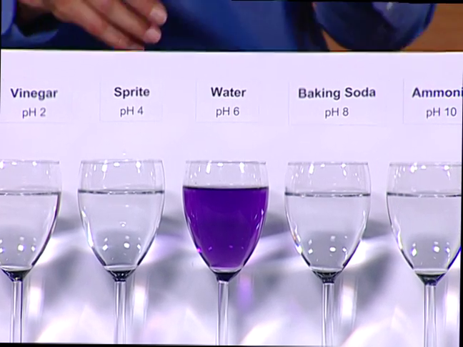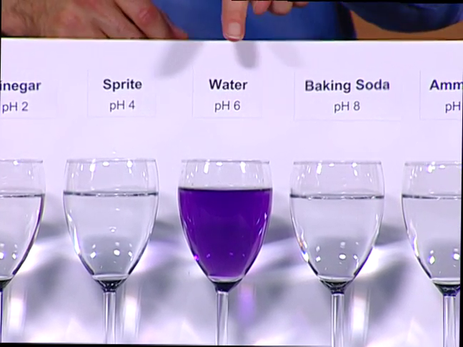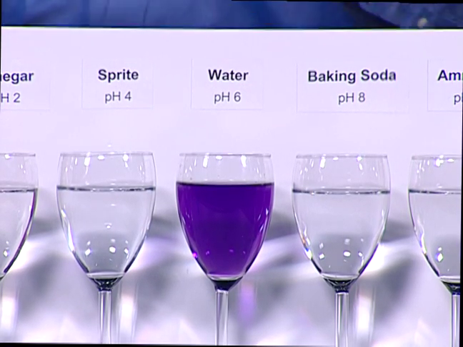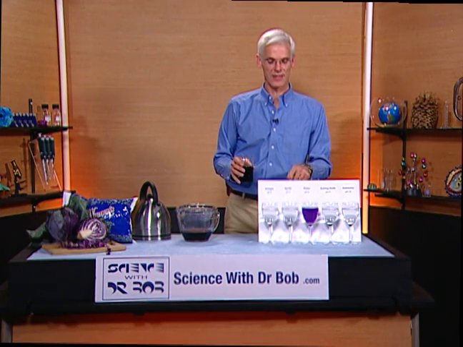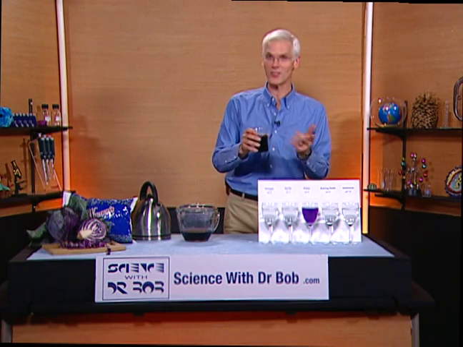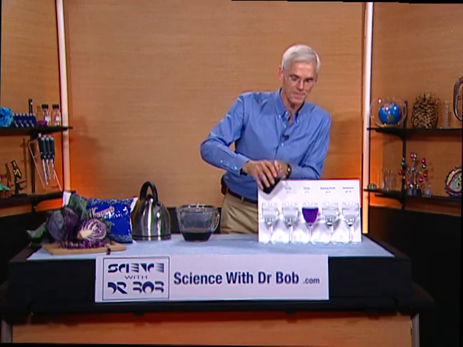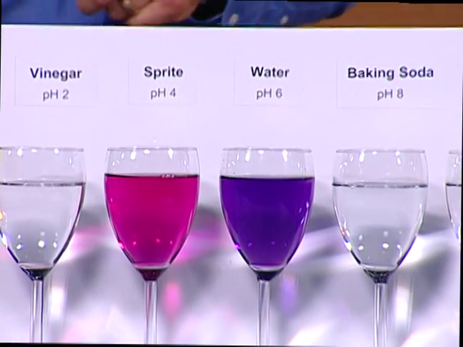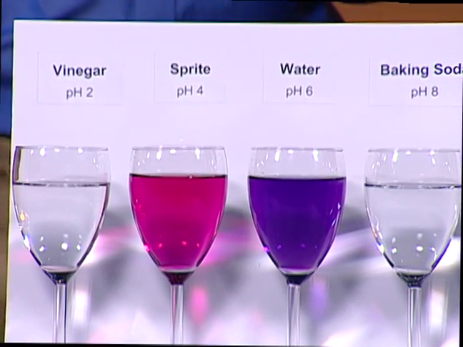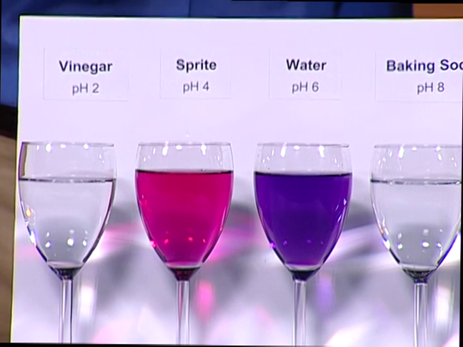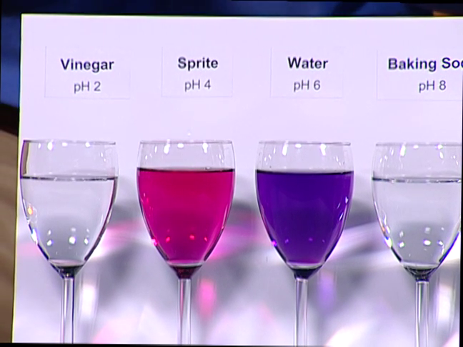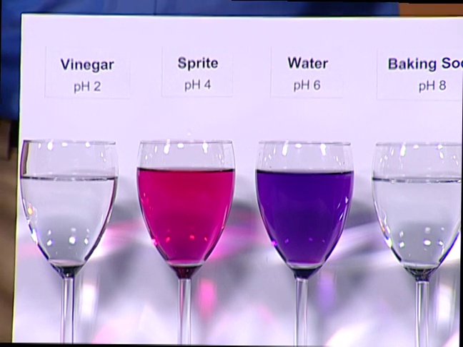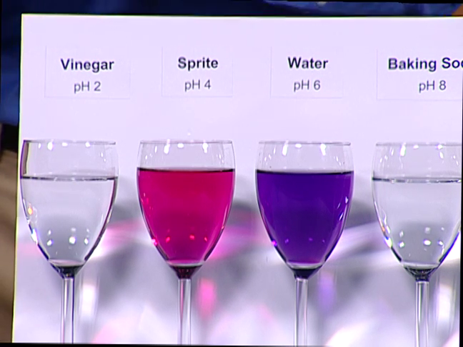So you can see that the pH indicator in water is purple. Well, what happens if there's more hydrogen ions? If we try this in just soda, this is just Sprite, well, check it out. The anthocyanin has bound up the high concentration of protons, the high concentration of hydrogen ions, and now it absorbs the purple, but it passes that magenta.